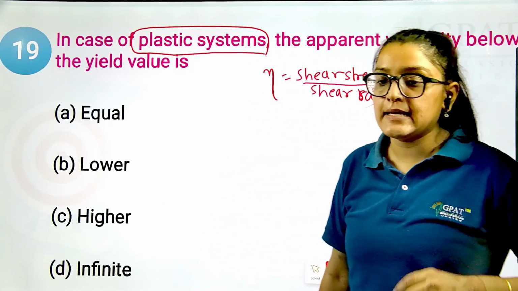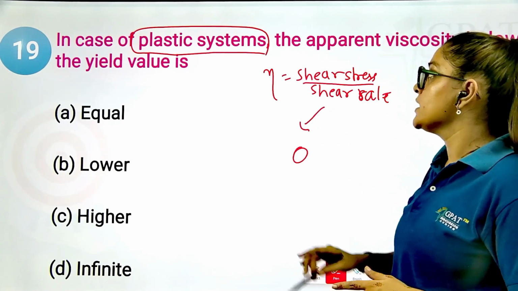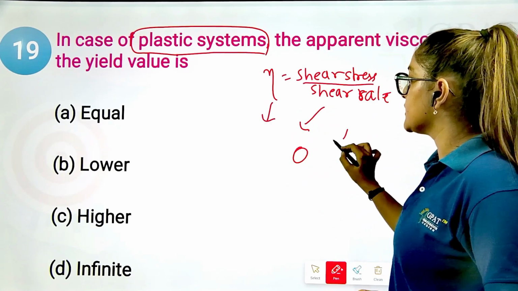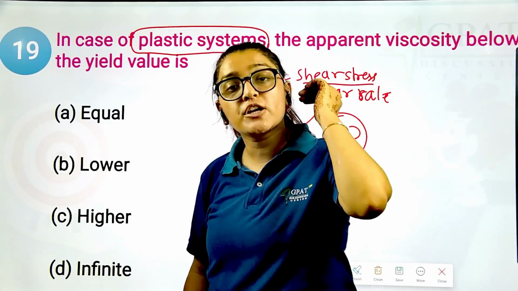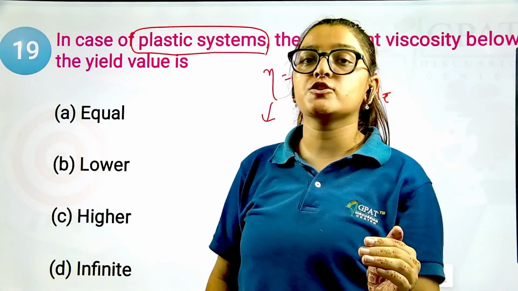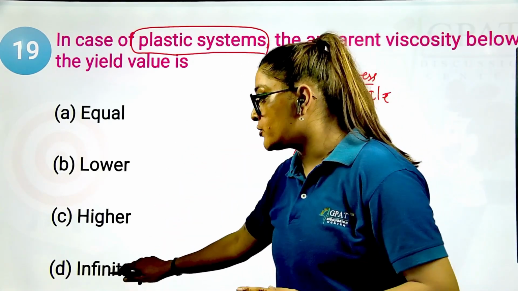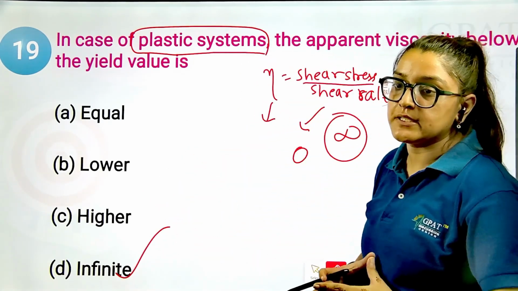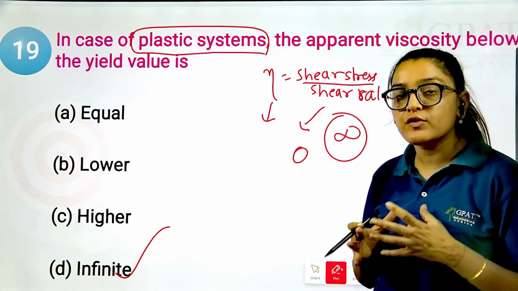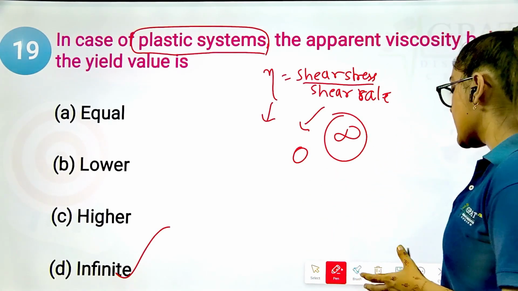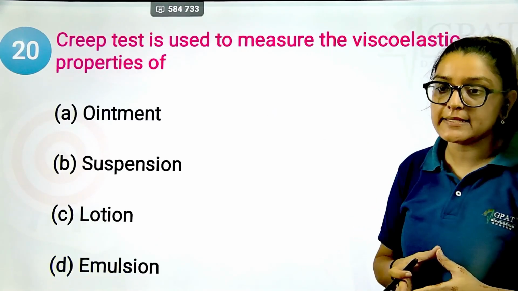So we can clearly say that the shear rate here will be 0, right? So the apparent viscosity will turn out to be infinite, because till the point their yield value is reached, they will not show their rheological property. They are just going to behave as a solid only. No flow will occur till the yield stress is applied. So option D here is correct.